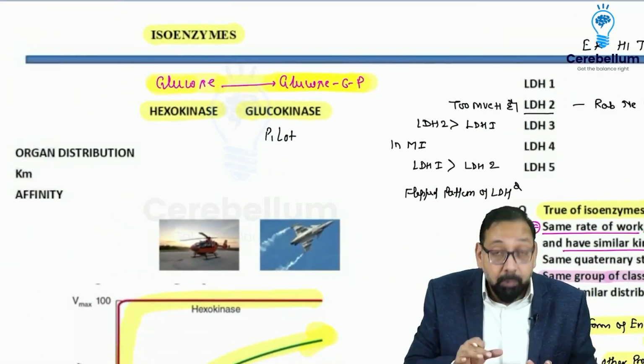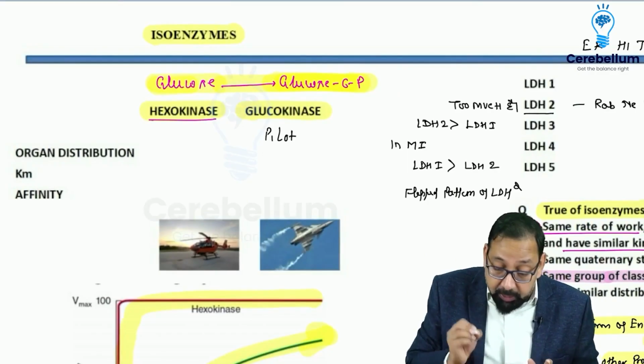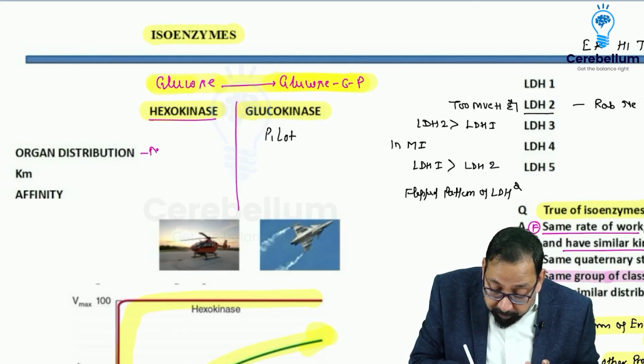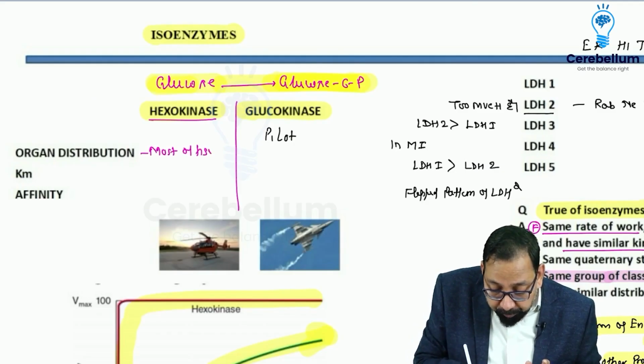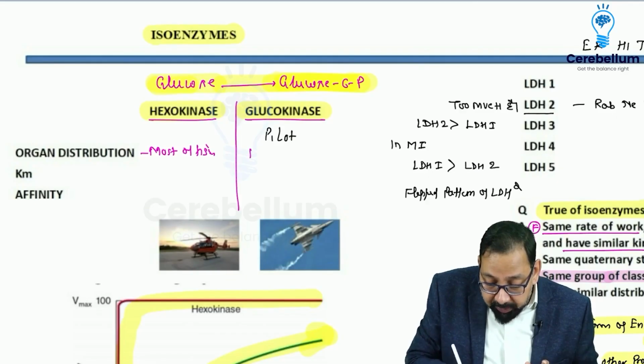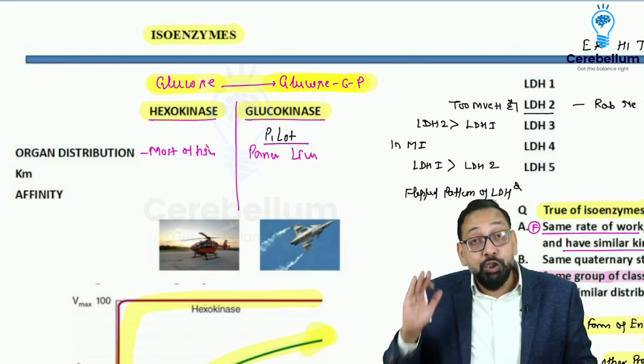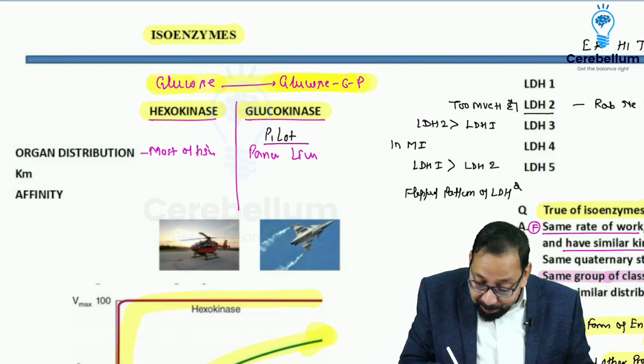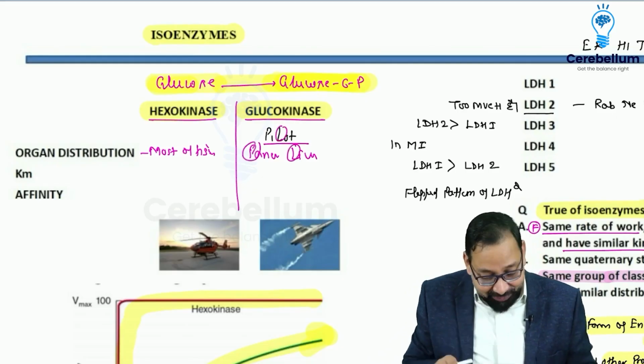Now, I again come to hexokinase and glucokinase. We found that hexokinase is distributed in most tissues, while glucokinase is present in pancreas and liver. Mnemonic is pilot. Jet is flown by a pilot. P for pancreas, L for liver.